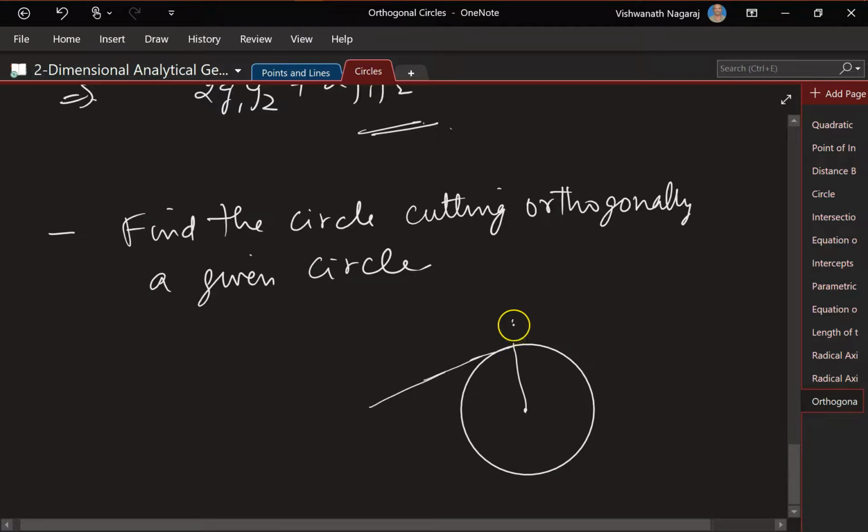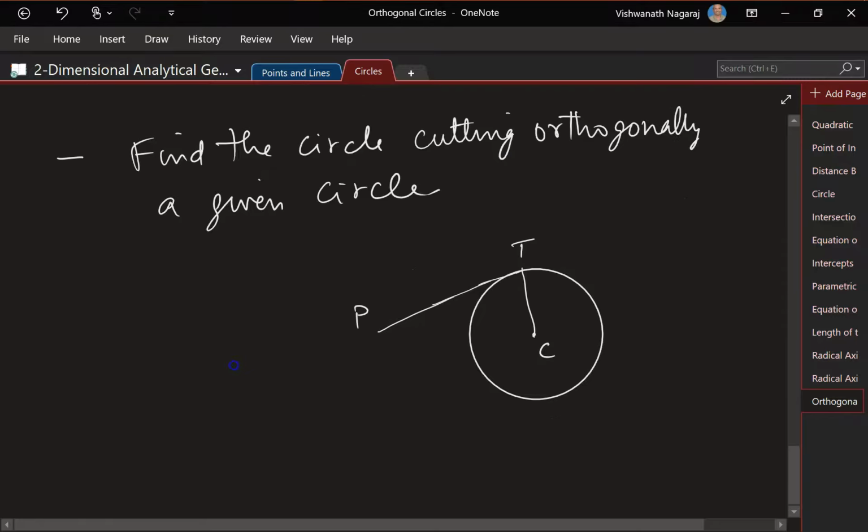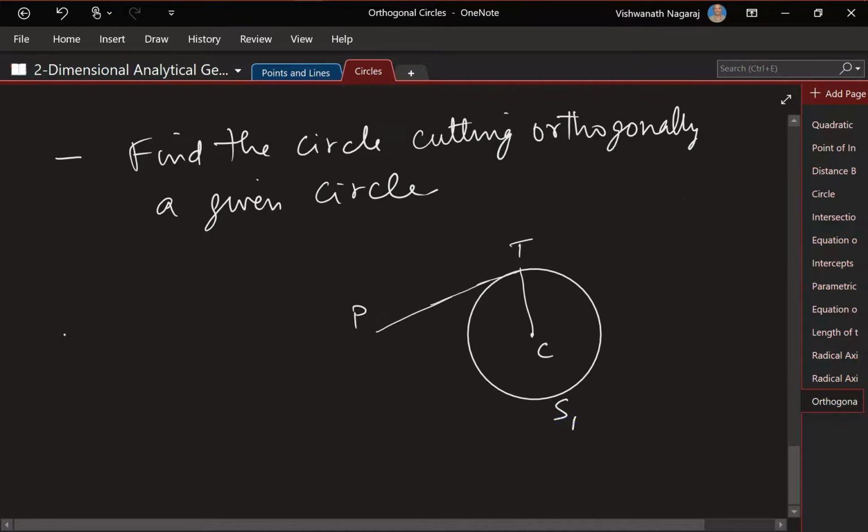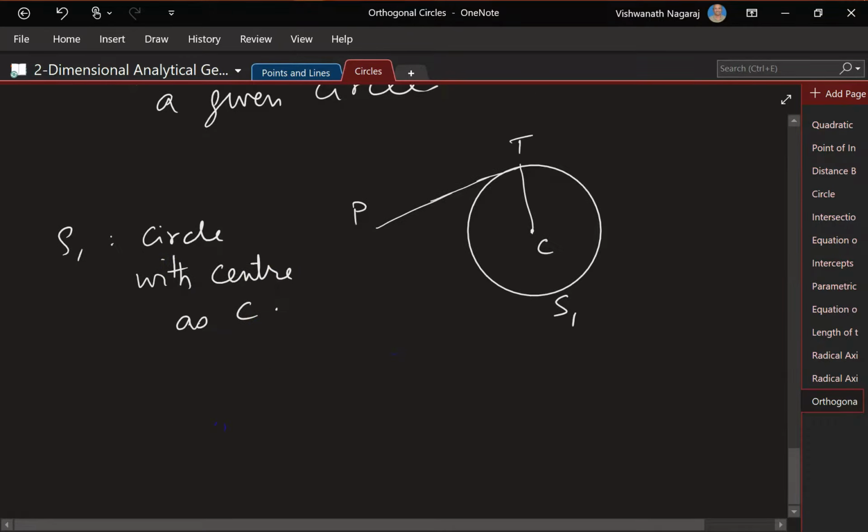Let's say this is a point P, and this is the center. Let's say this is S1, a circle with center at C.